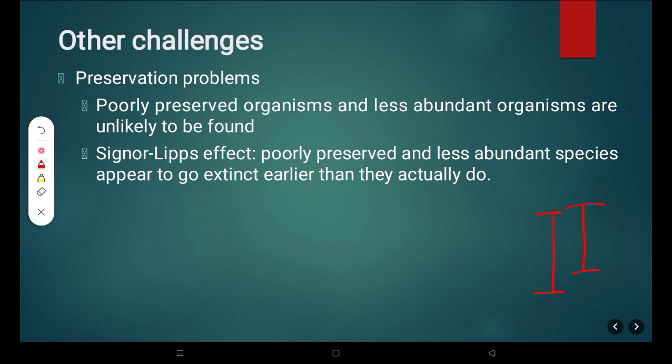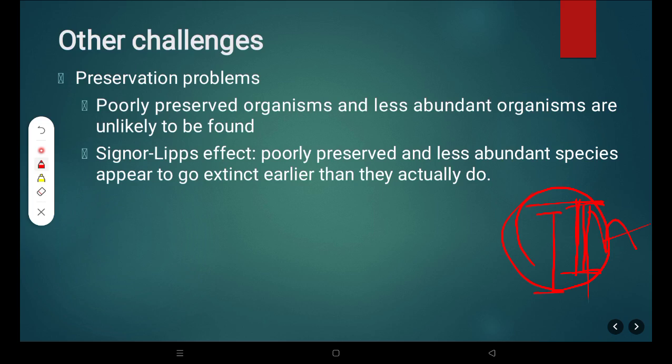In that case, the fossil is there, but we are not finding it, or we are getting only broken or dissolved fragments. We can also establish a biostratigraphic zone on the basis of another fossil, but as we are not getting it because of the poor preservation, this is also another problem.